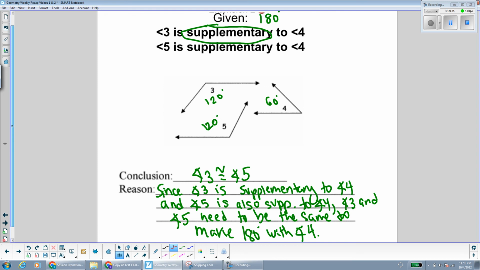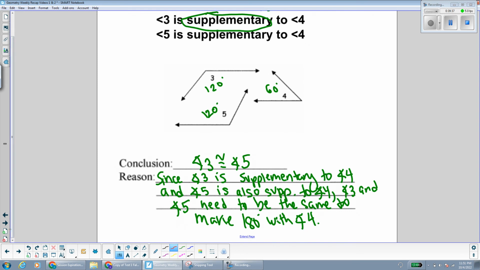And once again, for those of you who like to see it written out in mathematical terms, angle 3 and angle 5 are 180 minus angle 4, because they need to form 180 degrees with angle 4. Both of them. They're both supplementary to angle 4.